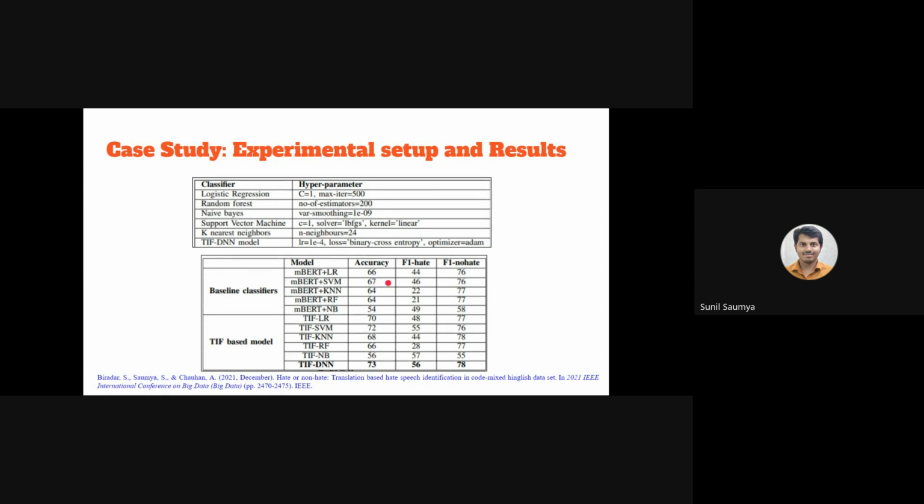But when we applied transliteration and translation, still doing feature extraction with mBERT, and used the same baseline classifiers LR, SVM, KNN, random forest, naive Bayes, and also the DNN, the accuracy improved to 73% with the DNN.